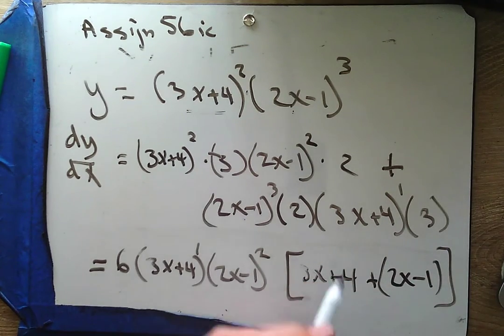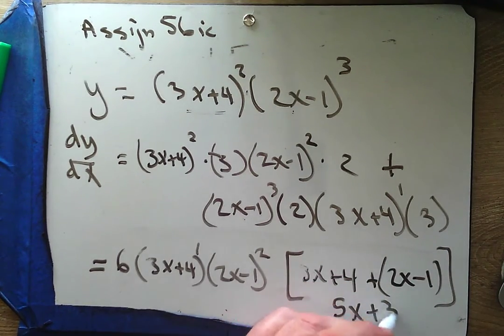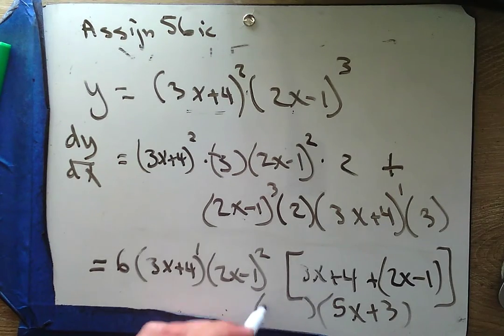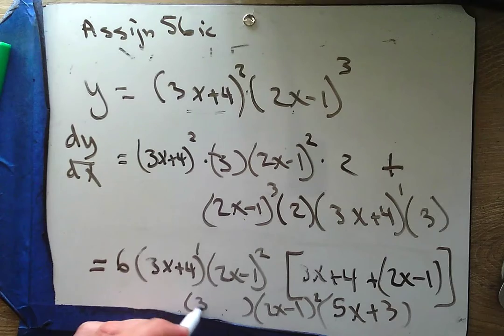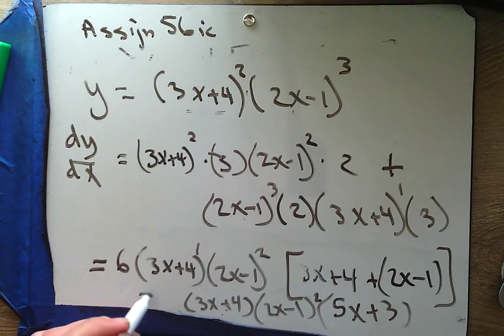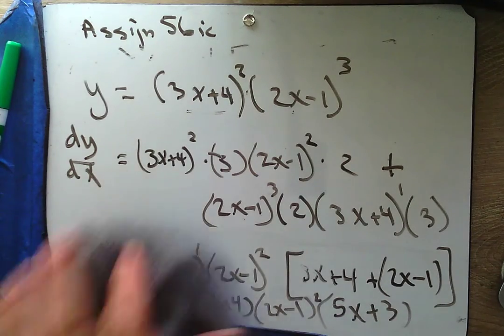So I'm going to have 5x plus 3 times 2x minus 1 squared, 3x plus 4, and don't forget that 6. All right, just a couple more, and then we'll get to the worksheet.